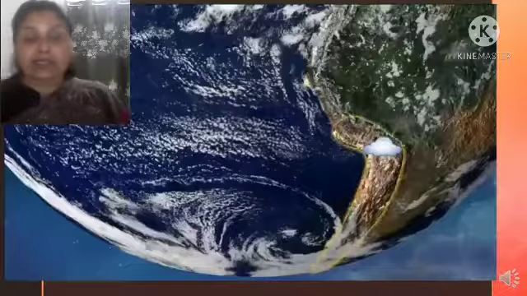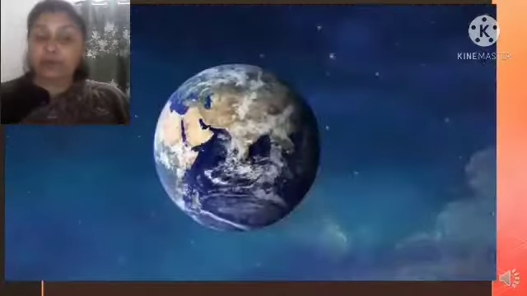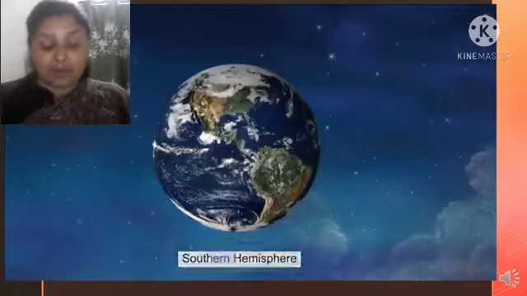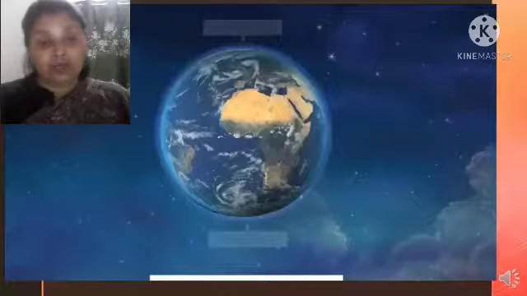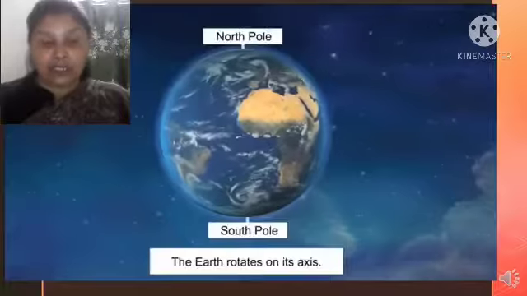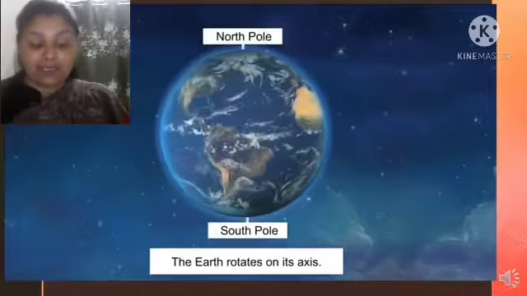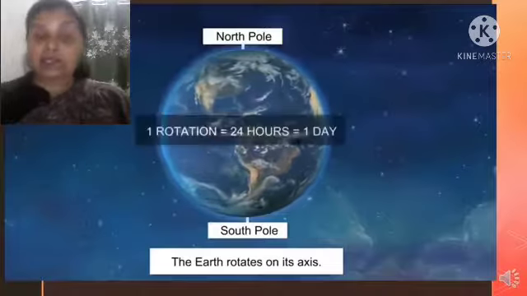In the past, around 4.5 billion years ago, an object the size of Mars crashed into the Earth, means hit the Earth, and it knocked our planet over and left it tilted at an angle.